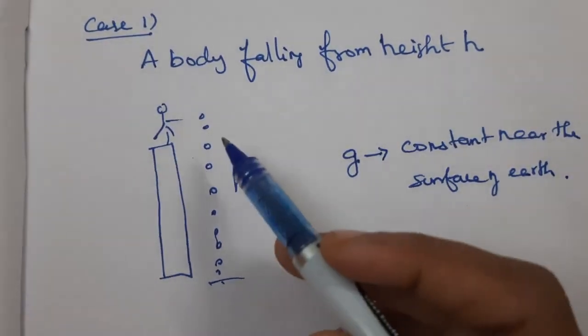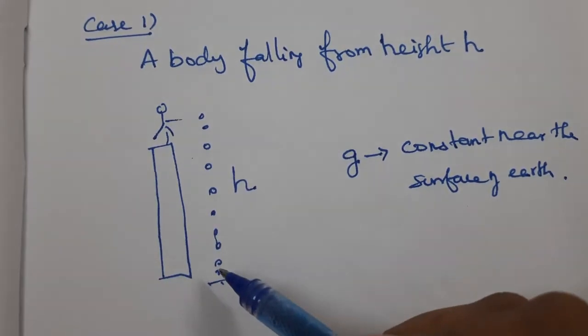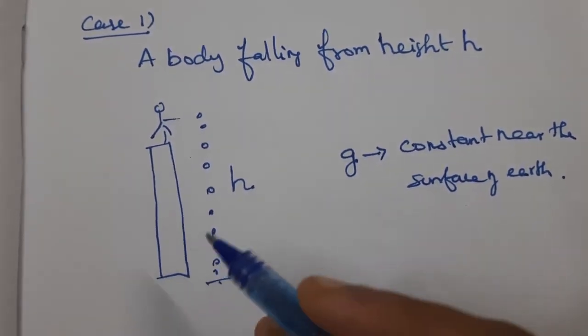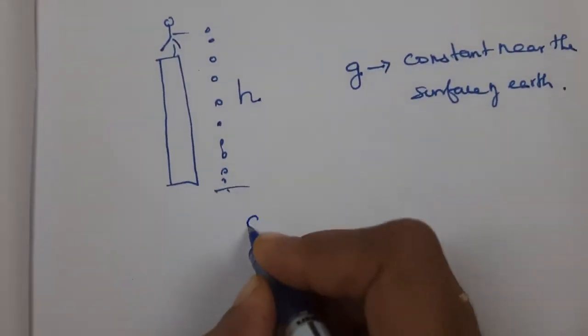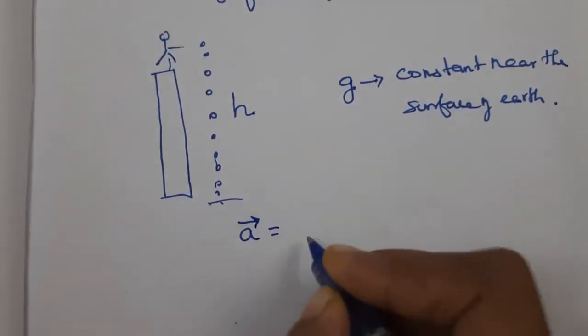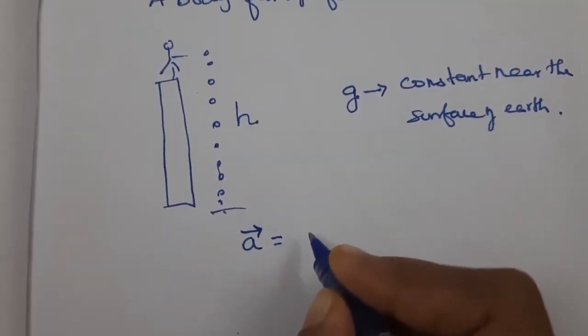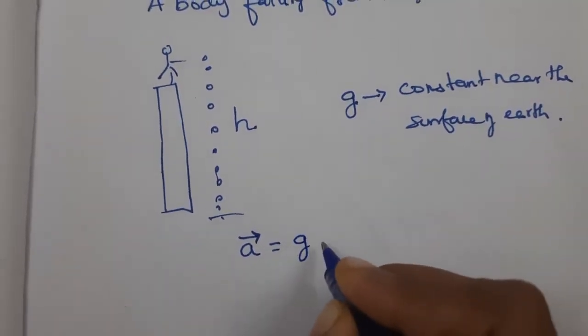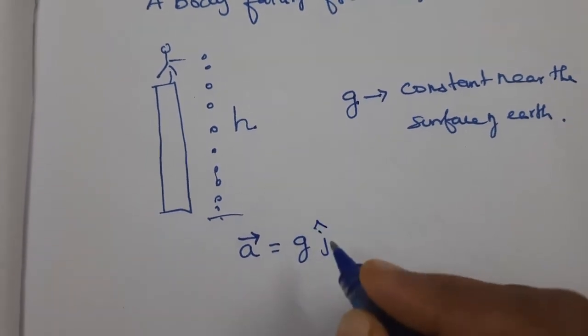An object of mass m falling from a height h. So acceleration vector, how can we write? a vector is equal to g into j cap.